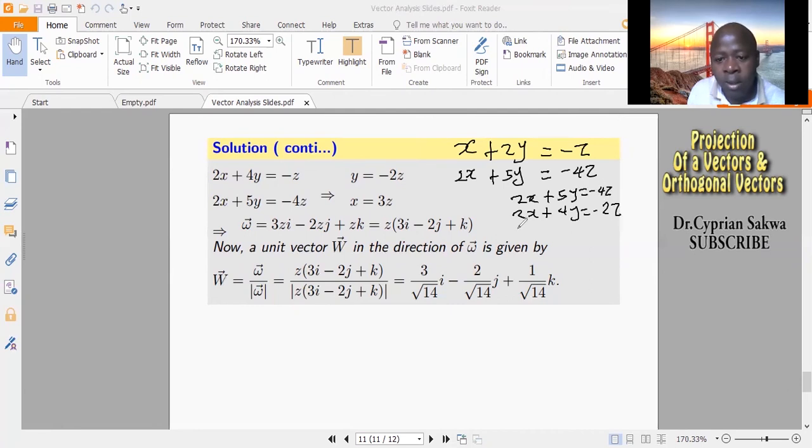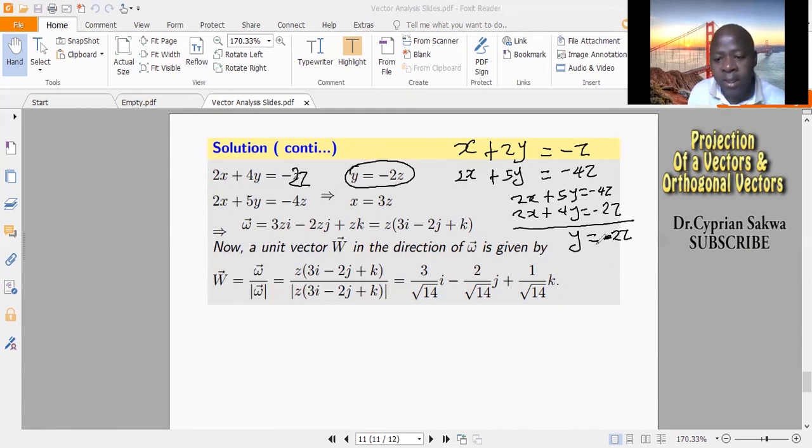So subtracting these two equations, this would give me 0, and this would give me y equals negative 2z. So the only mistake is here. This one is supposed to be negative 2z, so that this y is this.